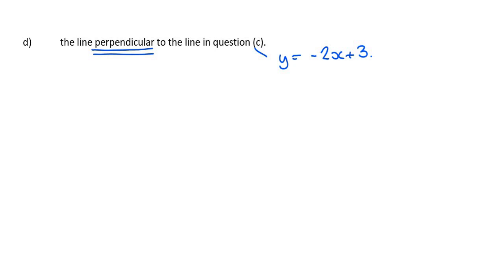I think maybe the easiest way to do it would be to say, right, perpendicular lines, this gradient is negative 2. So what's the other gradient? The other gradient is swap it round, so it's 1 over 2, and change the sign. So therefore, tan of theta equals a half.